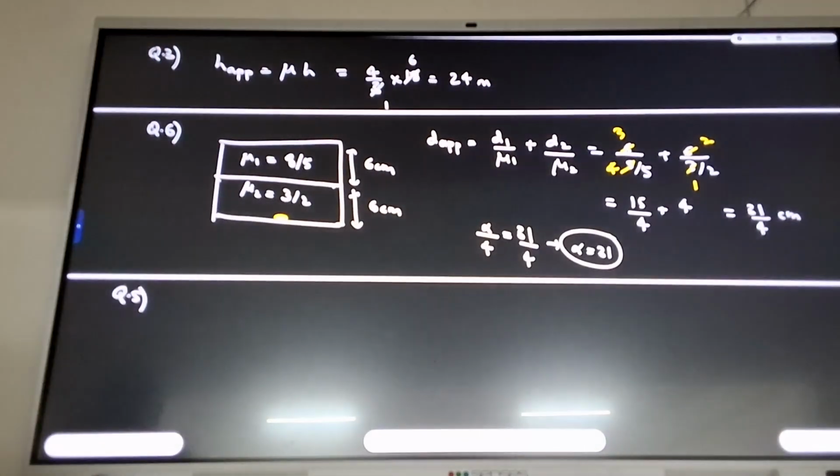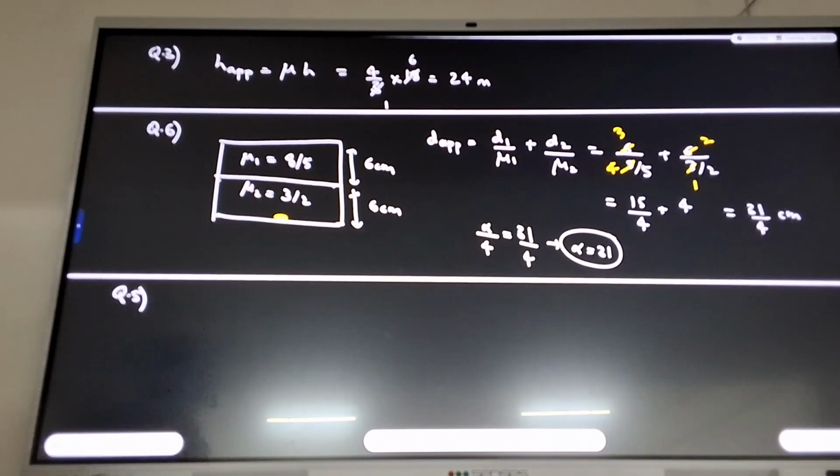Option C. Yes, I think that's correct. Option C is correct. Did you get it? तुक्का मार रही बस. ठीक है. Option C is correct. Question number 5.